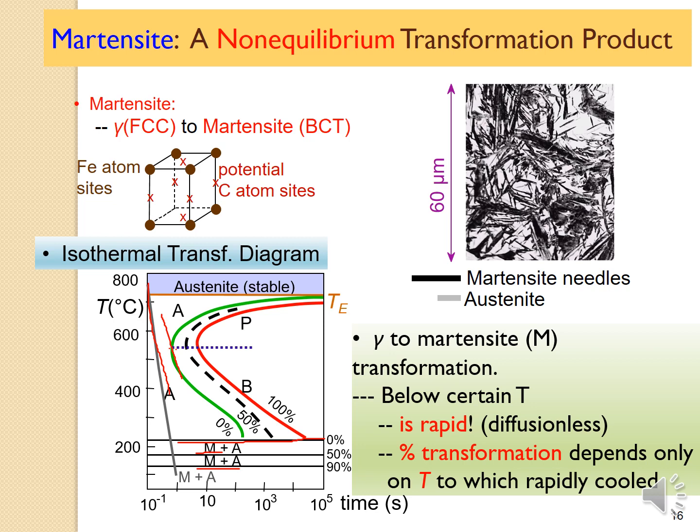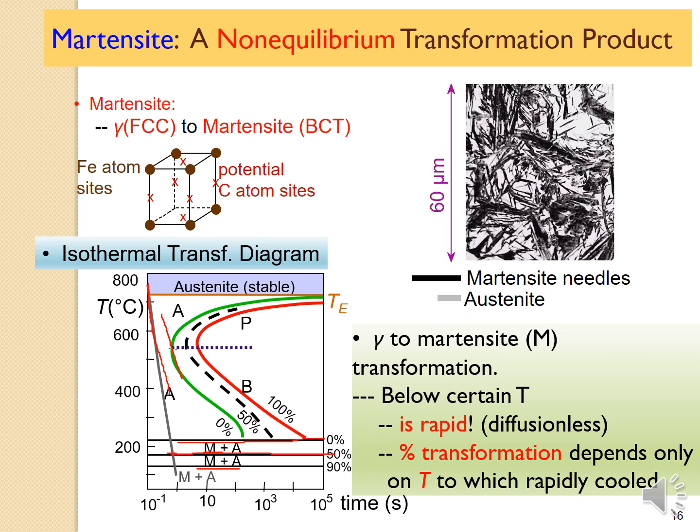And the percentage of transformation depends only on the temperature to which it is rapidly cooled. Which means if we cool rapidly to about 180 degrees Celsius and then hold that temperature, we will have 50% martensite plus 50% austenite.